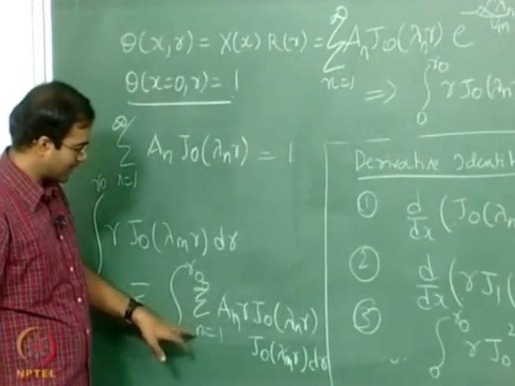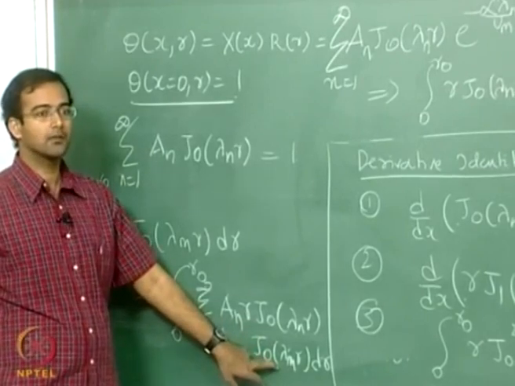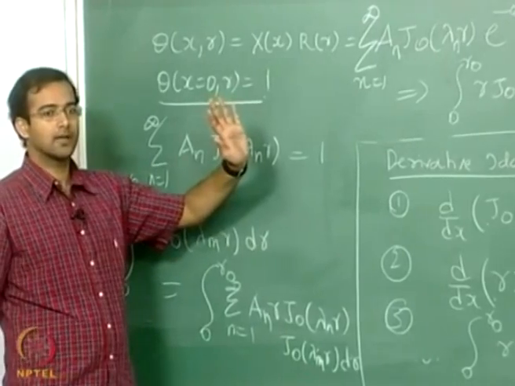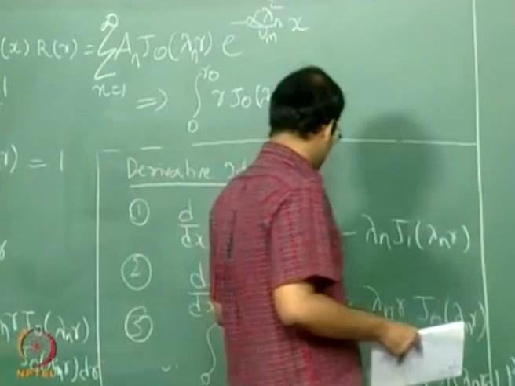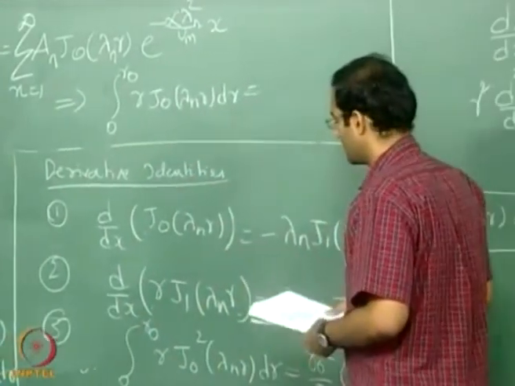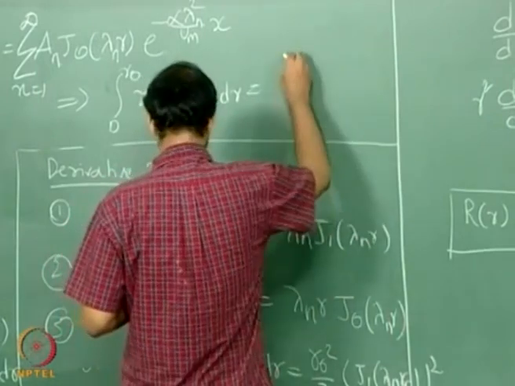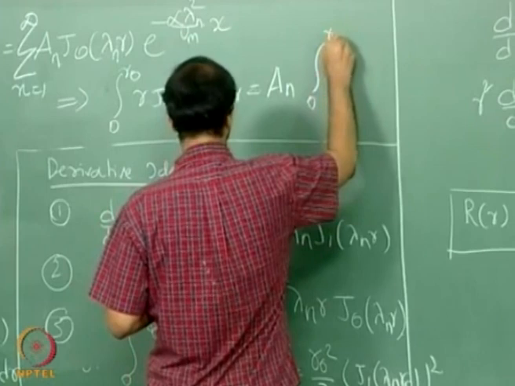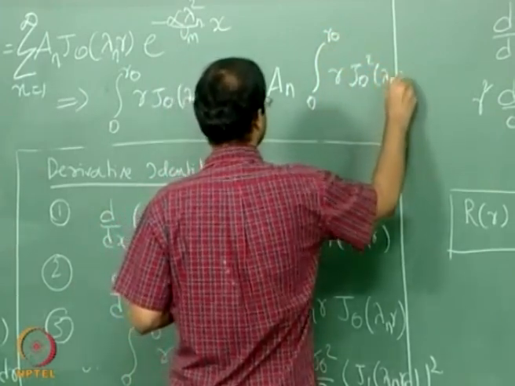So now I sum from n equal to 1 to infinity for a given value of m. If your n is not equal to m, those values are all 0. So therefore this summation will reduce to j naught lambda n r the whole square only for m equal to n. So that should be a n into 0 to r naught r j naught square lambda n r dr.